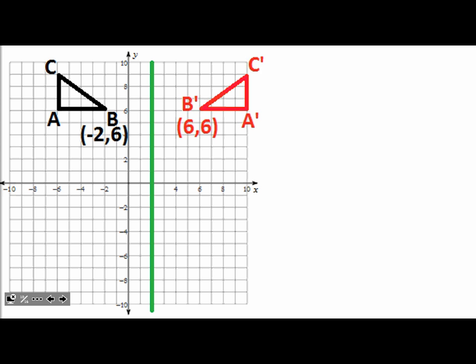If I had y equals something, the only coordinates that would change would be the y. But an interesting part though, if you notice in my x values, 6 and negative 2, what's the midpoint? Remember for midpoint, add them up and divide it by 2. What's the midpoint of 6 and negative 2? Not 3. Remember, add them and divide it by 2. What was it? 2. And that's how we get our x equals 2.